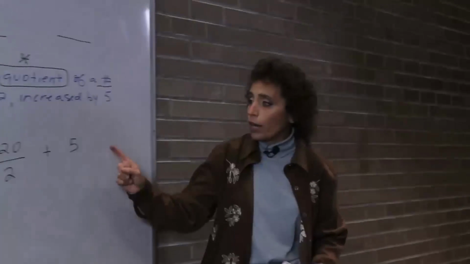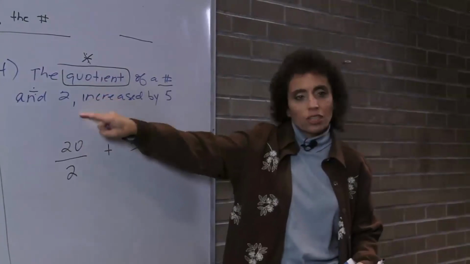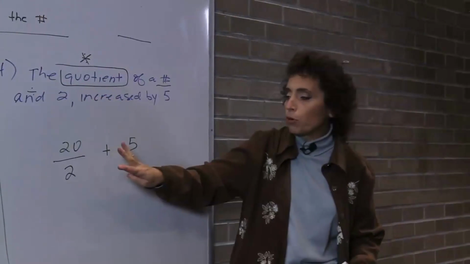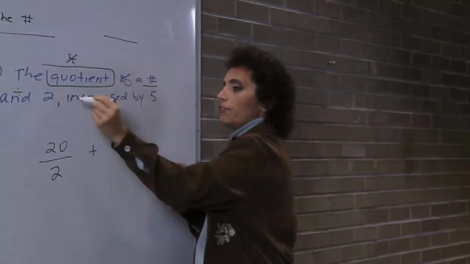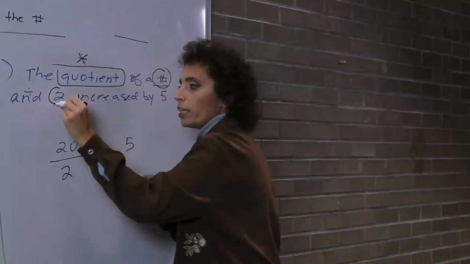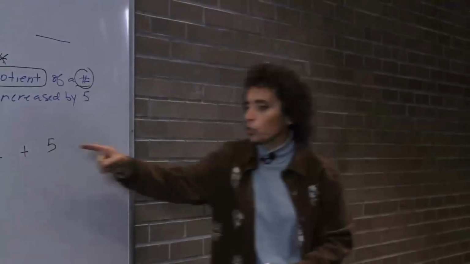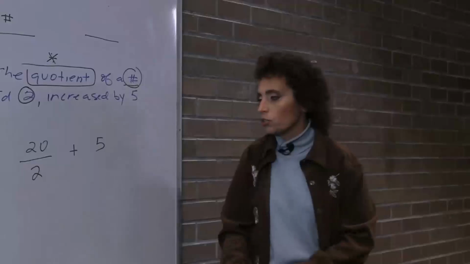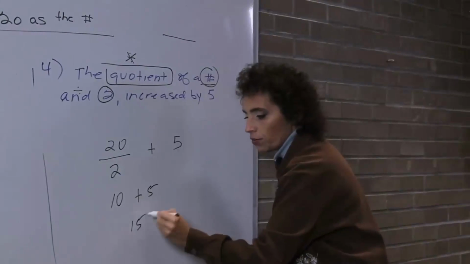How do I know that this 5 doesn't go here? It's because of this comma. This comma says, there's my break, okay? So I'm taking the quotient of whatever's on the left side of and whatever's on the right side of and until the comma comes. So that's how I know I'm just dividing the 20 and the 2. So 20 divided by 2 is 10. 10 plus 5 is 15.